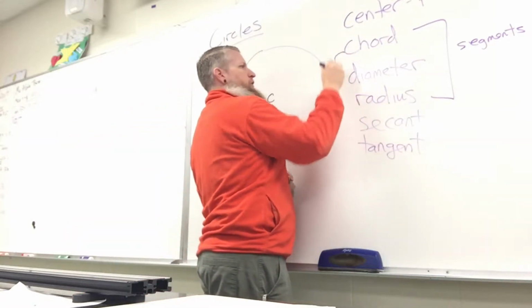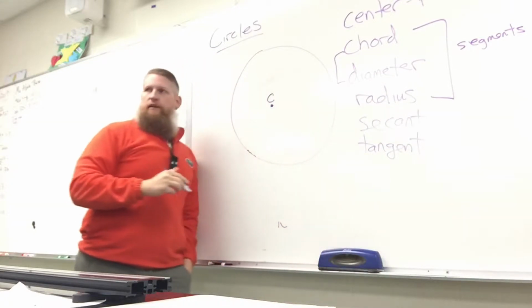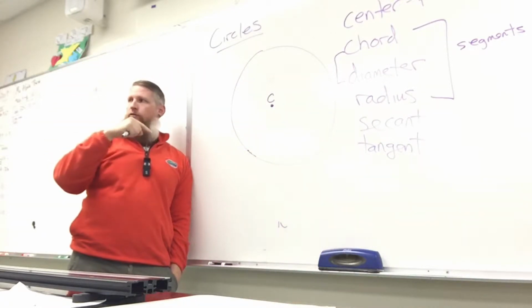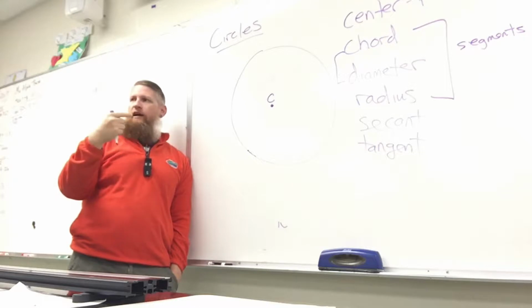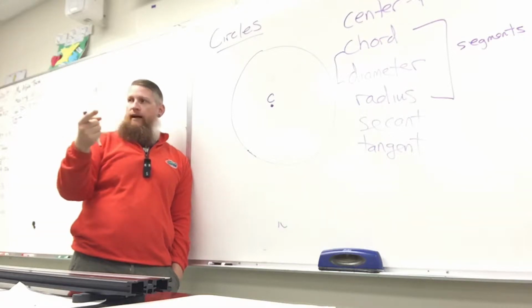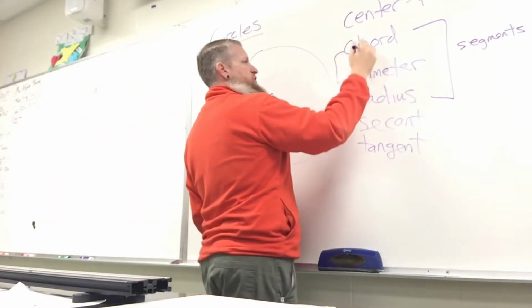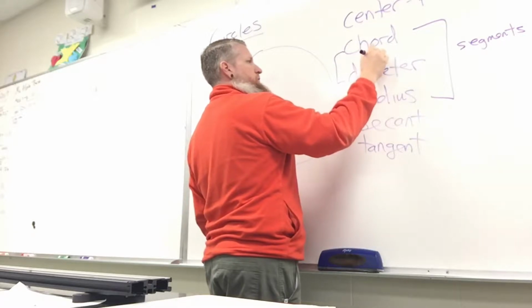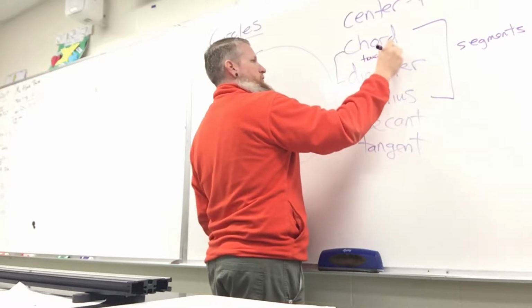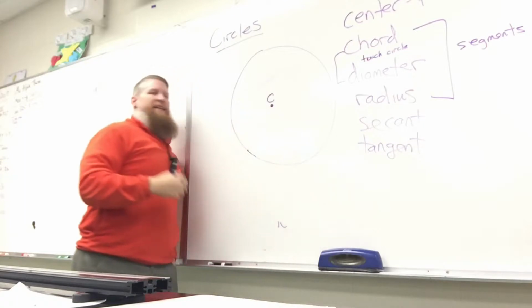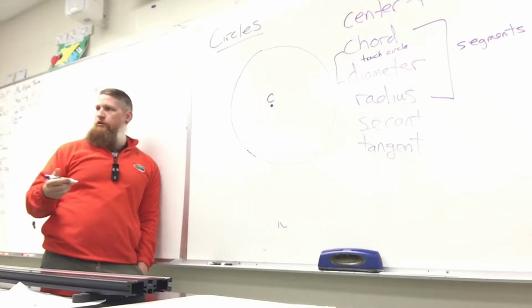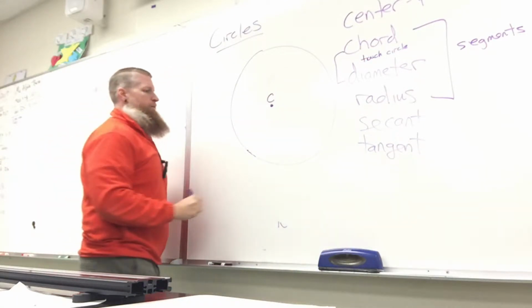These two right here, chord and diameter, they have to touch the circle. The only difference is the diameter has to go through the center, a chord does not. So these two right here, we'll say touch the circle. By that I mean the endpoints are on the circle. I don't really have a lot of room there.